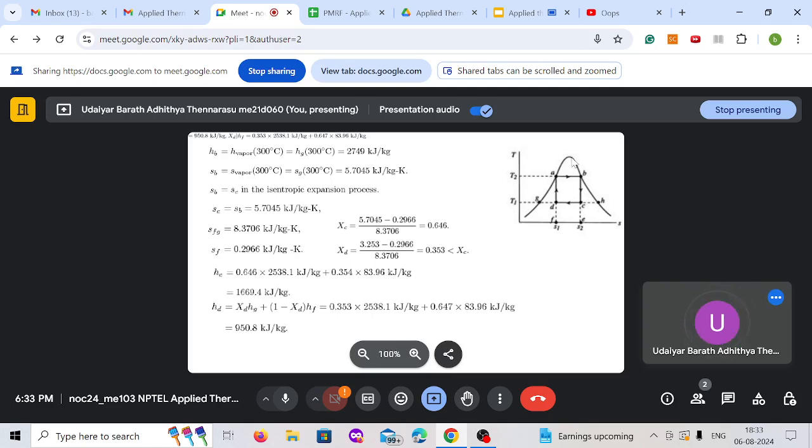So SC will be equal to 5.7045. So at state 1, or 20 degrees Celsius, corresponding to that temperature, your fluid saturated liquid entropy is 8.3706, and your saturated vapor entropy is 0.2966.